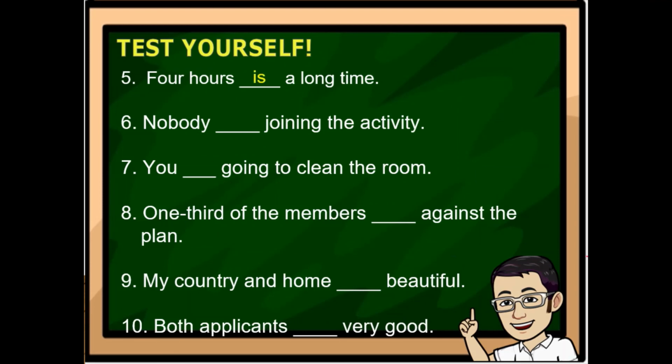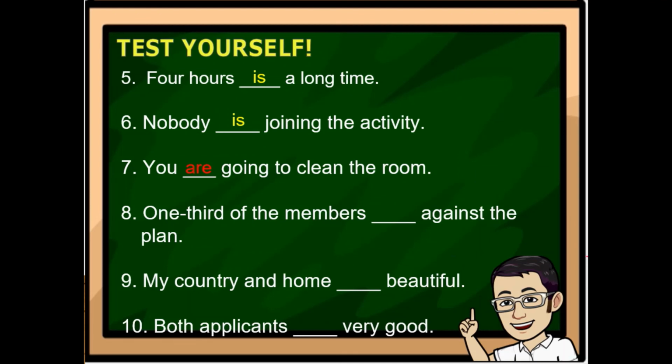Number 6. Nobody blank joining the activity. The correct answer is. 7. You blank going to clean the room. The right answer is are. 8. One third of the members blank against the plan.